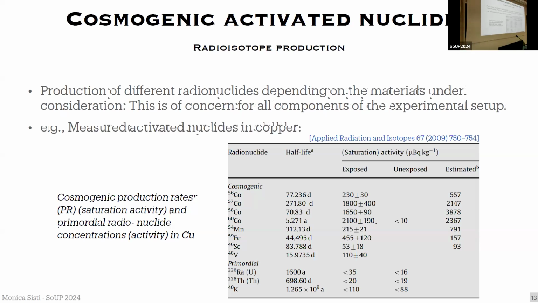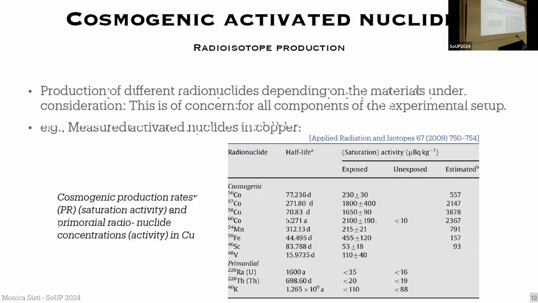The problem is that the prediction of the activity, let's say the concentration in the material of the activated nuclides, is not so easy to perform because the models are not so reliable, especially the cross sections.